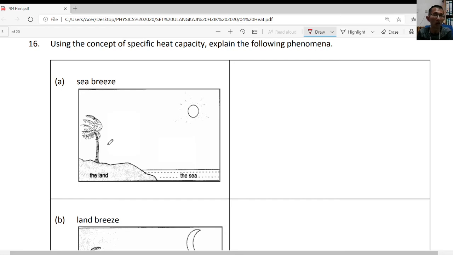Questions on sea breeze and land breeze. Can you see the leaf of this coconut? It is flowing to the left, right? Here I have the sun, so meaning to say this is daytime. It happened during daytime.